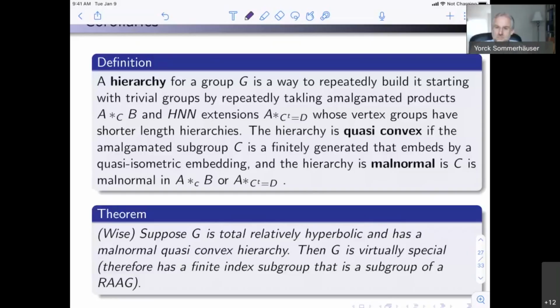Any other questions? I just want to mention one thing. You know, there is Higman's theorem that a recursively presented group can be embedded into a finitely presented group.